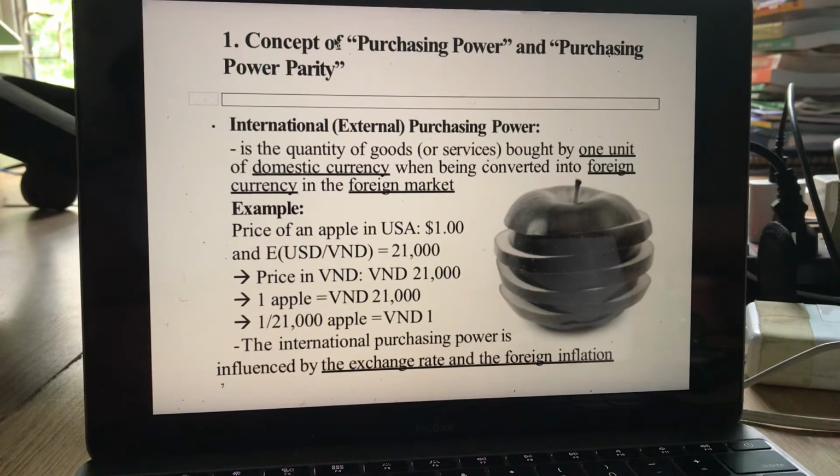So the domestic purchasing power depends on the domestic inflation alone, and the international purchasing power depends on 2 factors. The first one is the exchange rate. The second one is the foreign inflation.